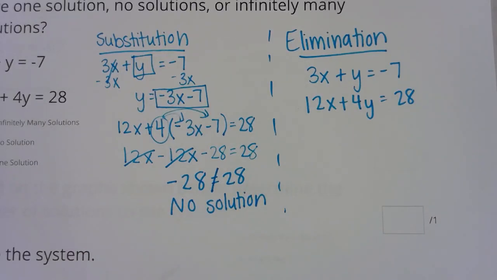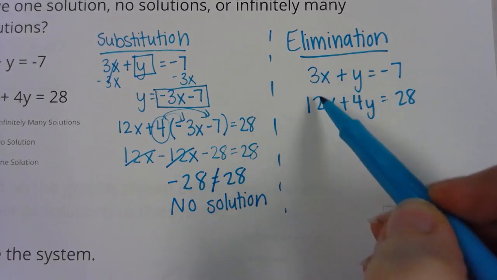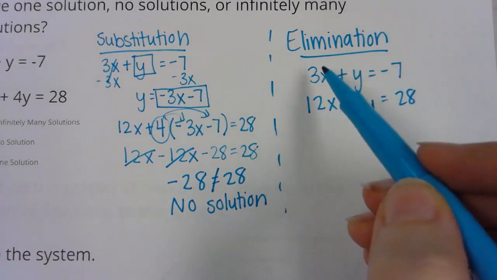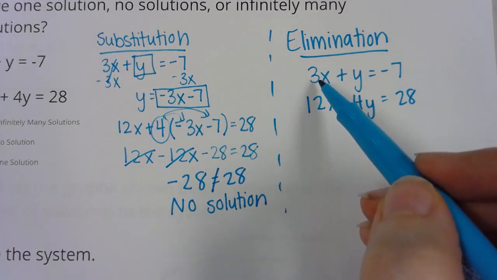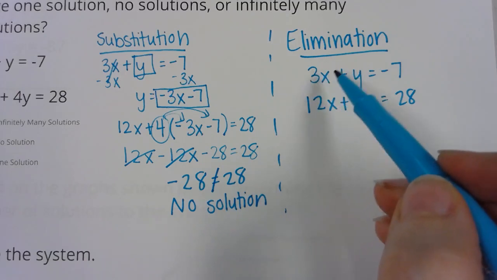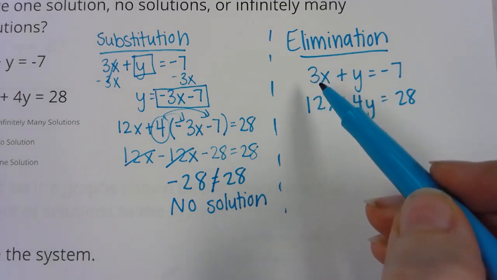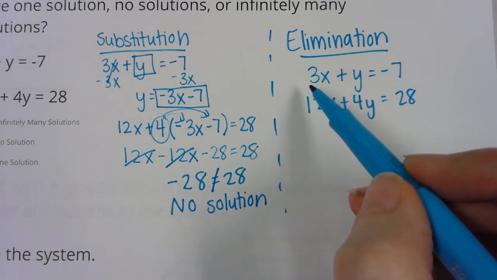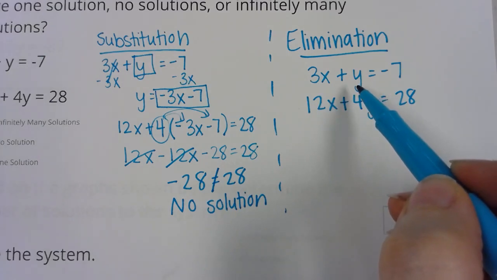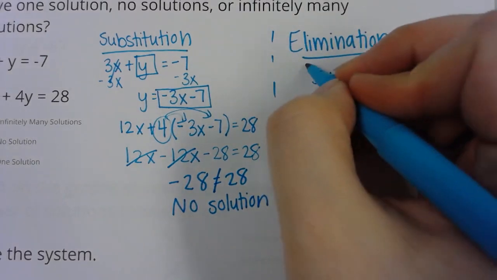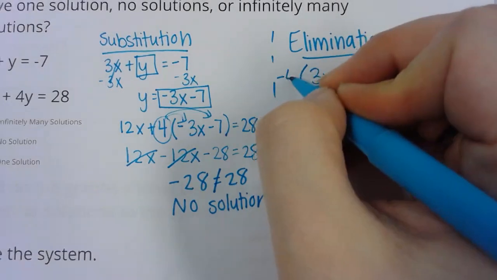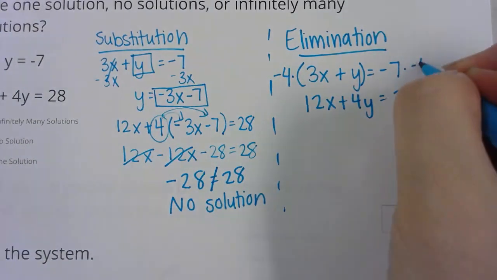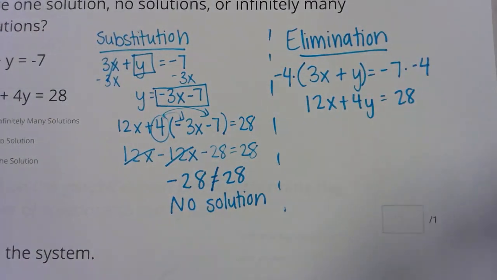Now, you could do this a variety of ways. You could either cancel out your x's or your y's. Either way, if I'm canceling out my x's, I would need to multiply this top equation by a negative 4. Oddly enough, if I'm canceling out my y's, I'd need to multiply this top equation also by a negative 4. So I feel like something weird might happen here, but let's check it out.